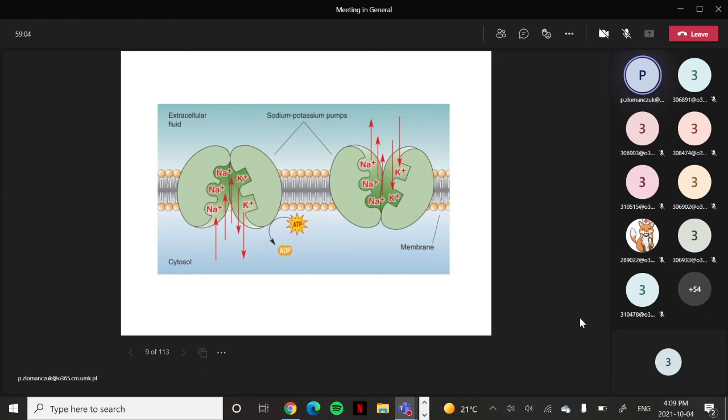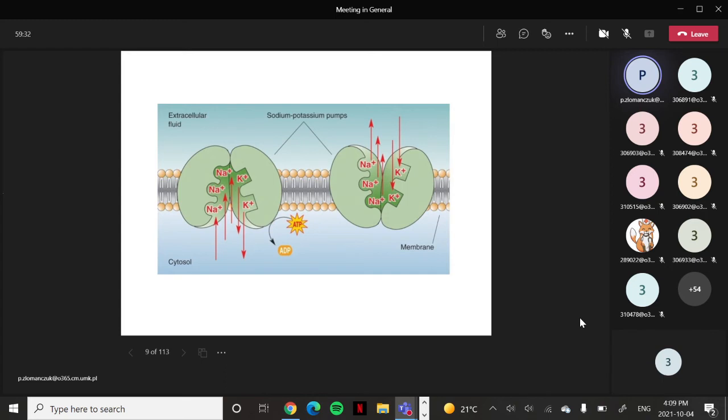And at the same time, you can see it on both parts of the illustration here, 2 potassium ions are moved into the cell. And this is all this pump is doing. Basically moving these ions to the outside and to the inside. Sodium out, 3 ions, potassium in, 2 ions.